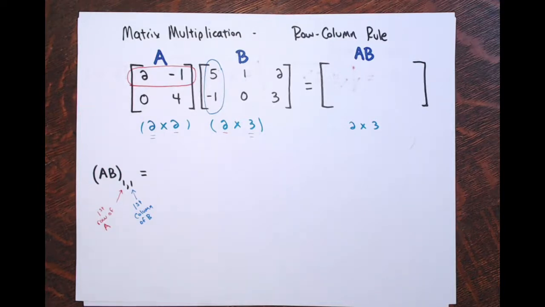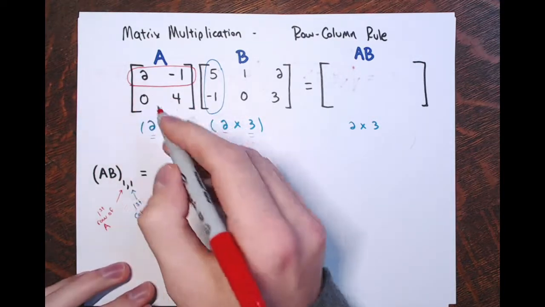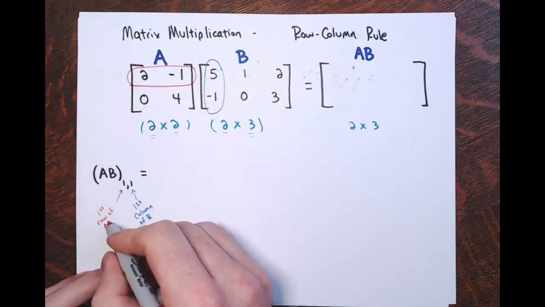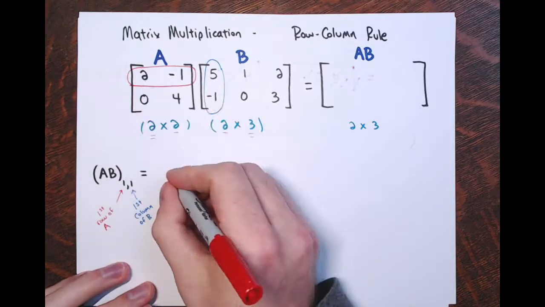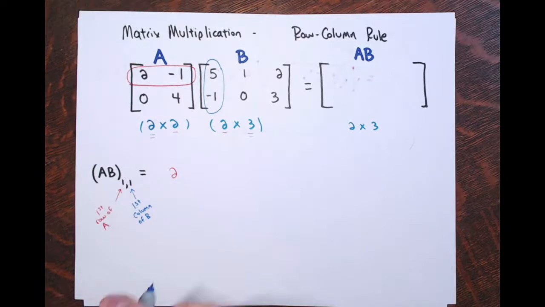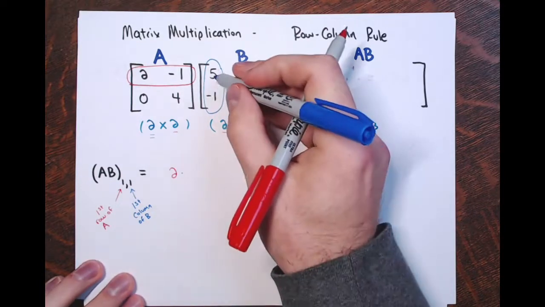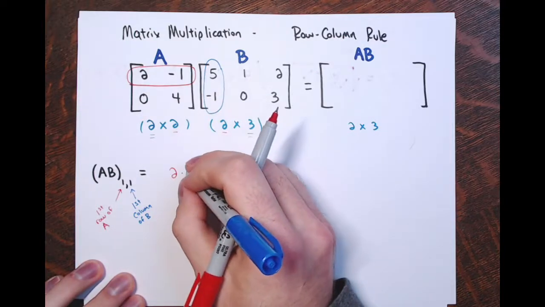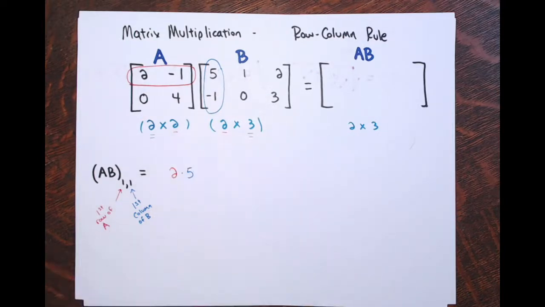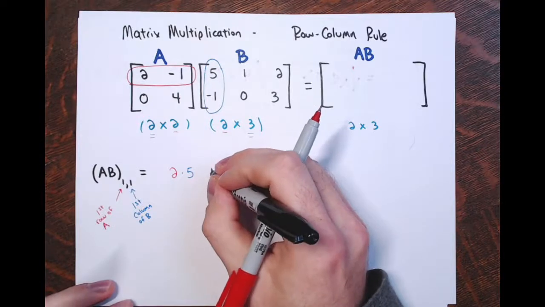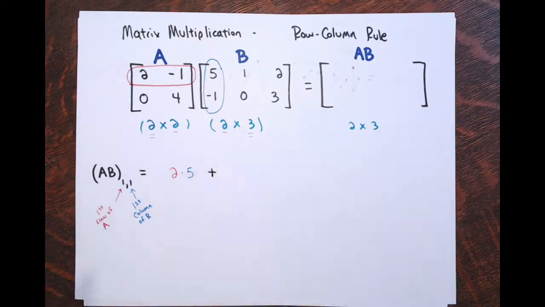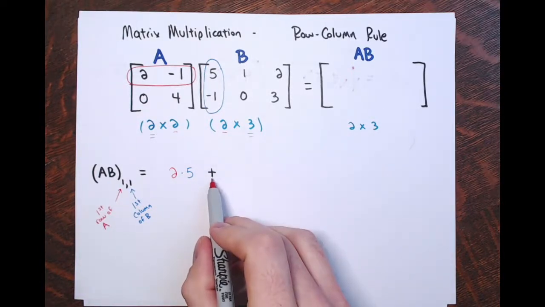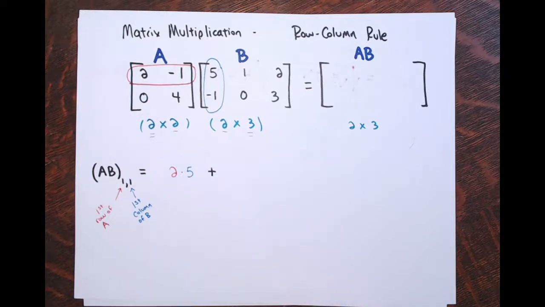I take the first entry of row 1 from A, which is 2, and I multiply this by the first entry of the first column of B, which is 5. Then I keep adding these products. I add the product of the second entries.